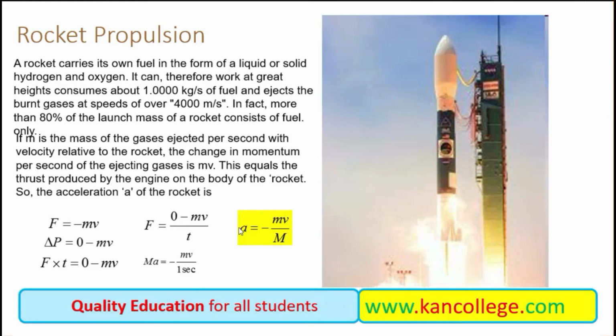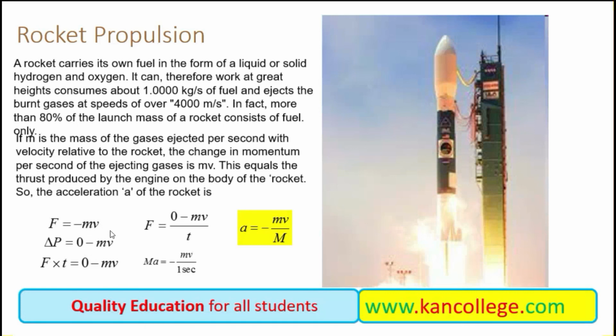For the mathematical proof, we see that total force will be equal to mass into velocity per unit time, as force is the rate of change of momentum. And we know that the change in momentum is actually 0 minus mv.